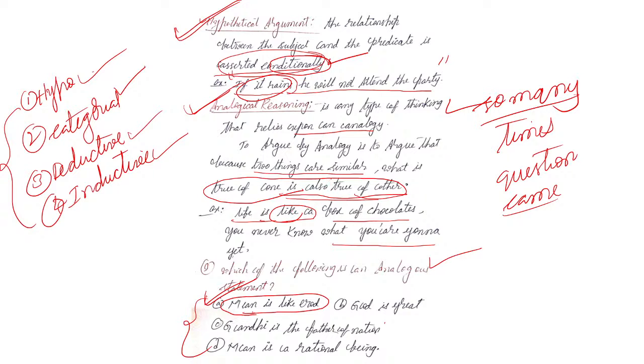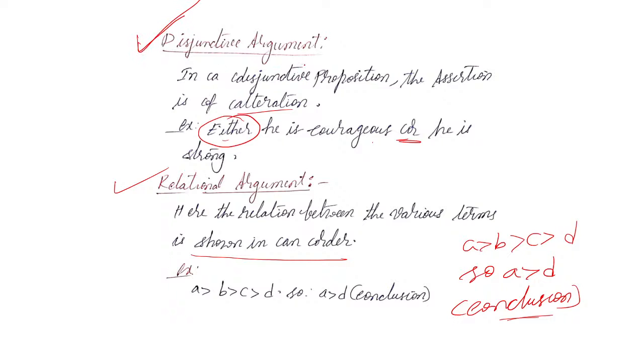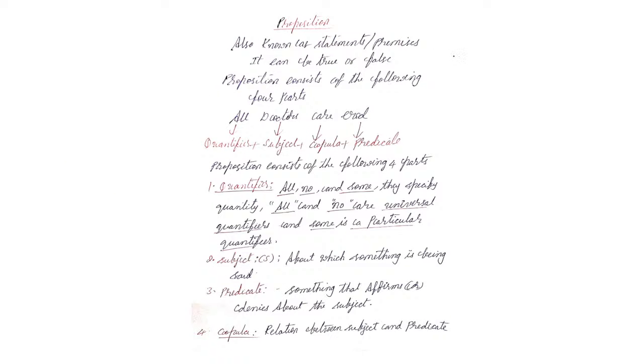They have the same type of qualities. Like, same as, are the keywords for analogical reasoning. Next, disjunctive argument. Either-or is the keyword for disjunctive argument. Next, relational argument means the relationship between various terms is shown in an order. Next, we will see what a proposition is.